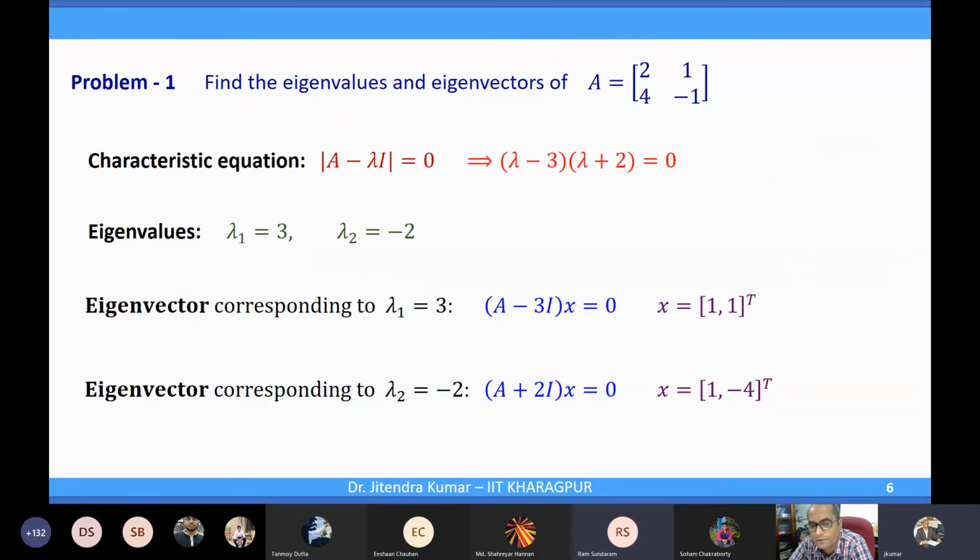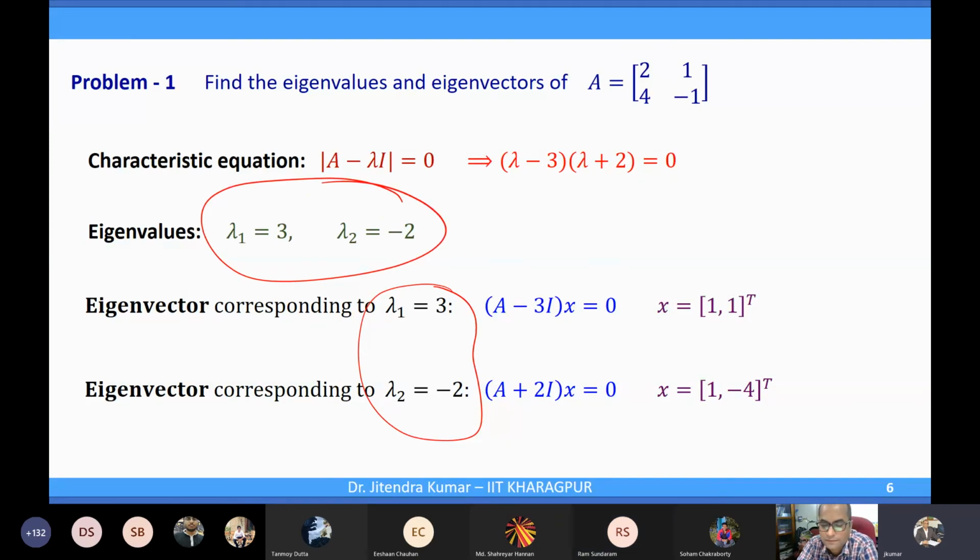Sir, could you explain how you got lambda minus 3 and lambda plus 2 again? These lambdas? Yes, sir. That's from solving the equation determinant of A minus lambda I equal to 0. So what is A minus lambda I? It's 2 minus lambda, 1, 4, and -1 minus lambda, right? Equal to 0.